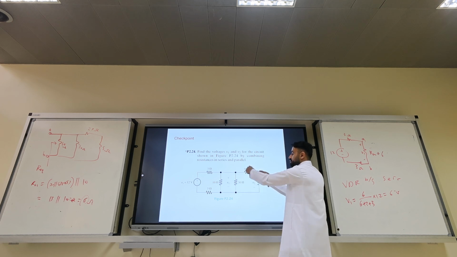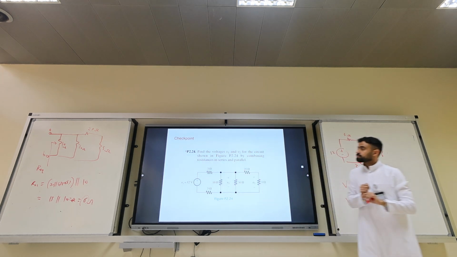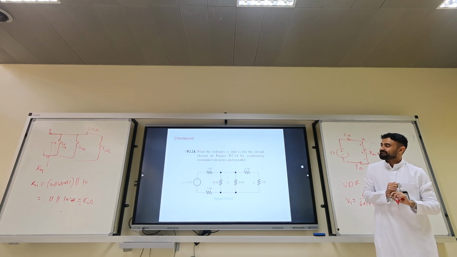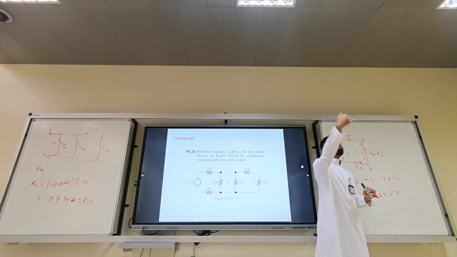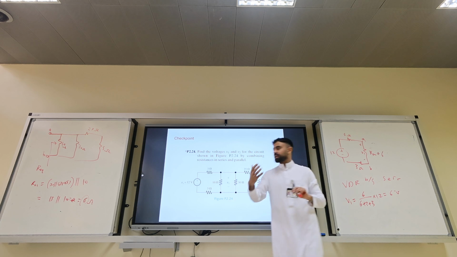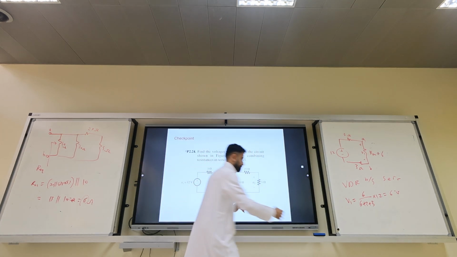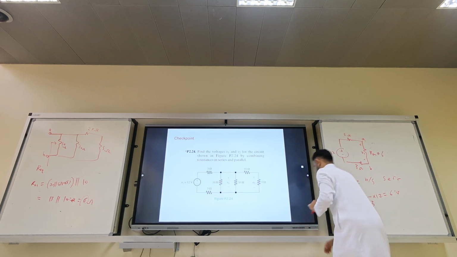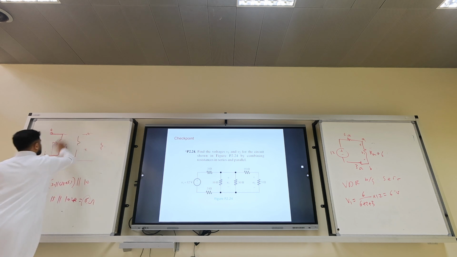So 5 over 30 will appear here, 25 over 30 will appear here, multiplied by V1. We consider V1 now as the new V total. So this is one technique. The key here is we don't want to find the current. We're lazy. So the answer is 1 volt. Probably, yeah.